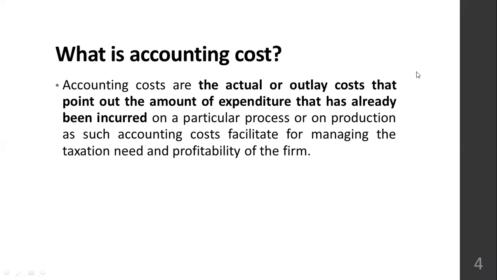Accounting cost facilitates managing the taxation need and profitability of the firm. How much profitable you are, you have to go back and check your accounting cost. If the profit that you have made has covered even the accounting cost, you can say your firm is in a profitable situation. So expenditures that take place come under accounting cost.